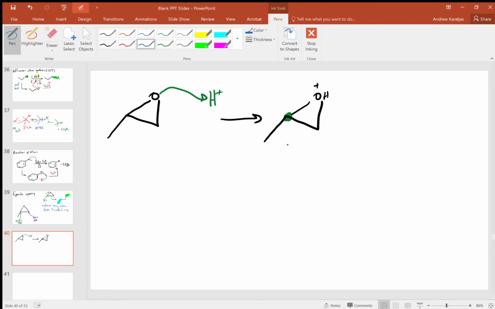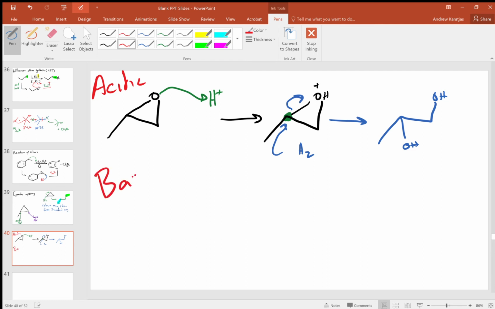And so now if we add a nucleophile, for example water, it'll add at the more substituted carbon and open the epoxide up in that way. After loss of the proton, we get our product. So that's under acidic conditions.